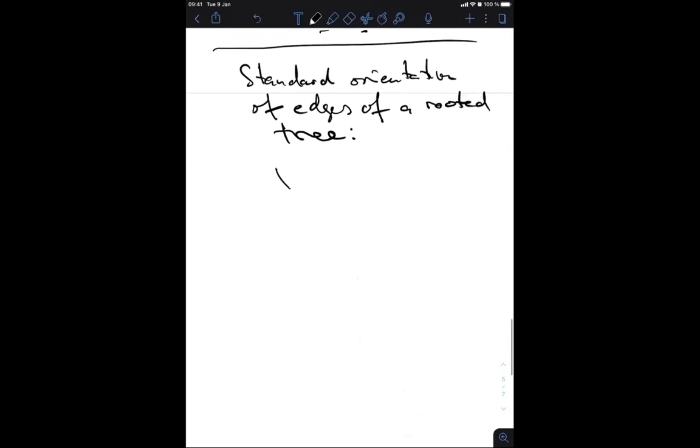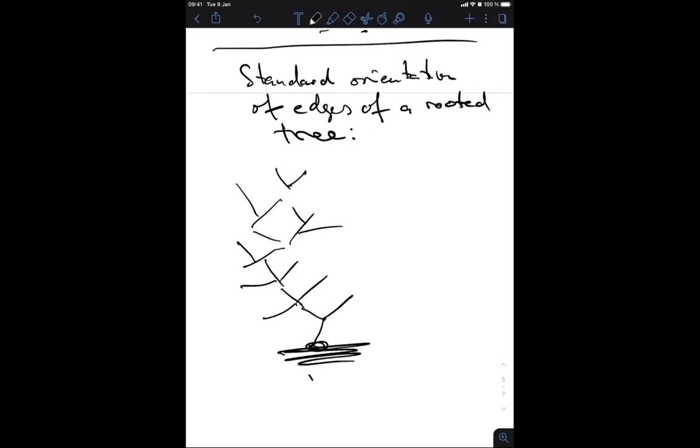We have some tree, and say this is the vertex which we call our root. Our tree is connected, so we'll be looking at vertices immediately connected to the root.